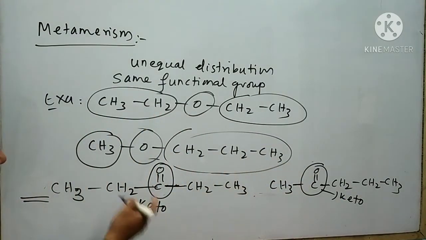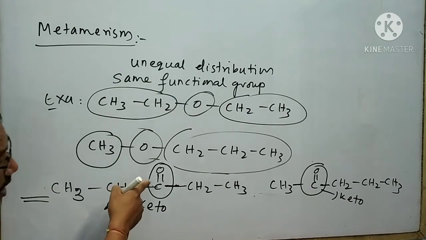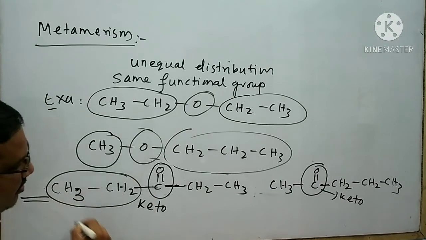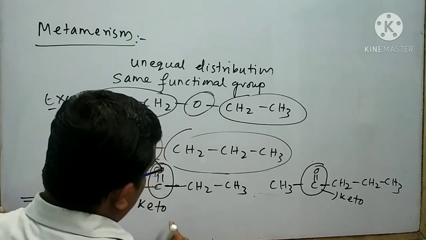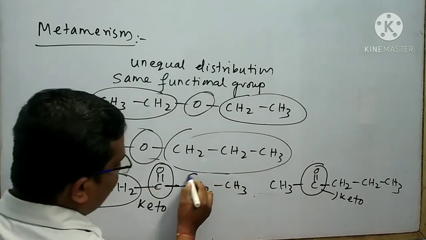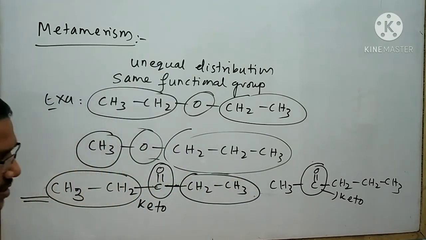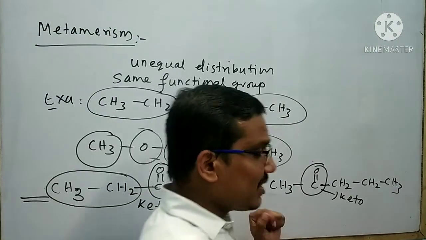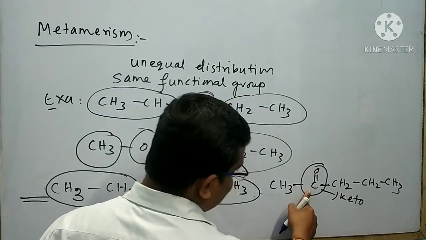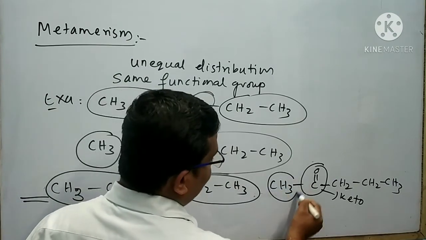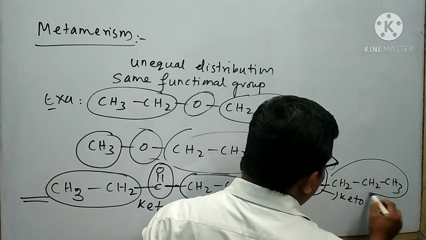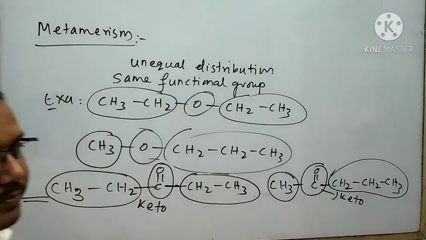In the first organic compound, on the left side of this functional group an ethyl group is present, and on the right side also an ethyl group is present. But in the second case, on the left side of this keto functional group a methyl group is present, and on the right side a propyl group is present.